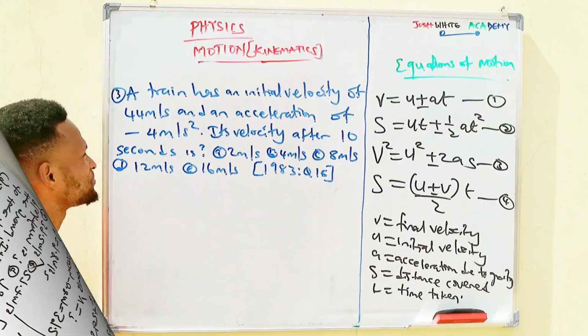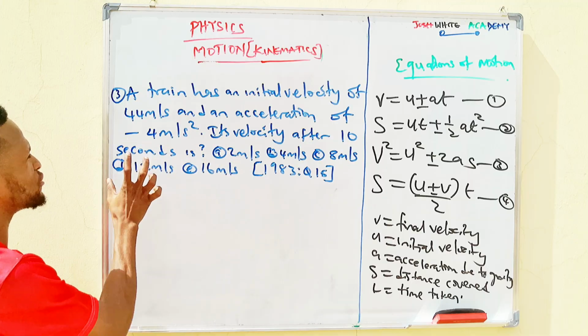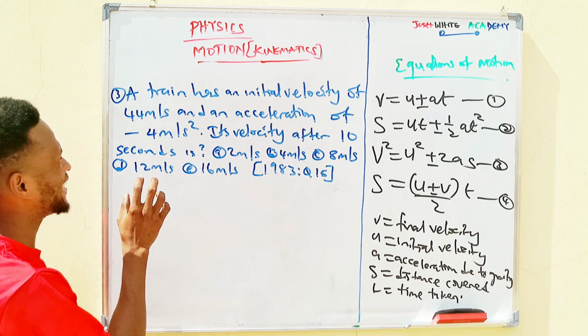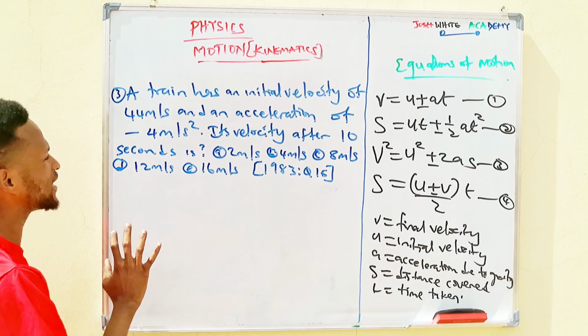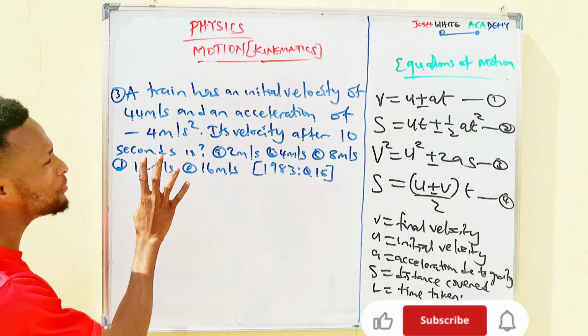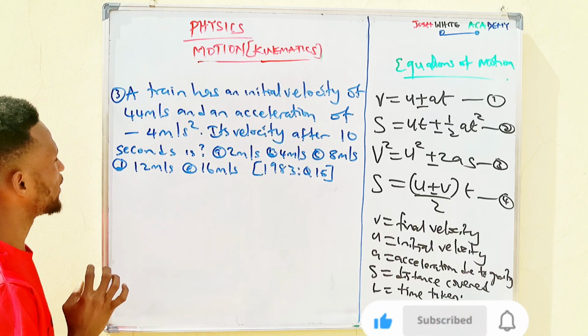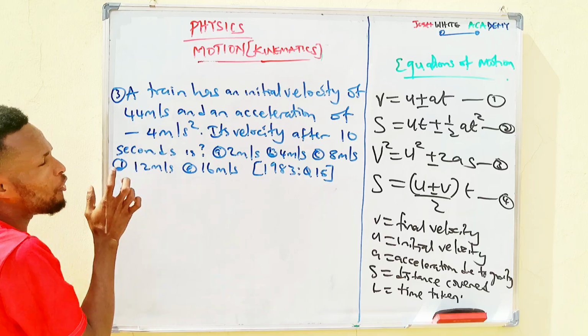The next question. A train has an initial velocity of 44 meters per second and an acceleration of minus 4 meters per second squared. Its velocity after 10 seconds is... So I can notice something from this question. Acceleration of minus 4.